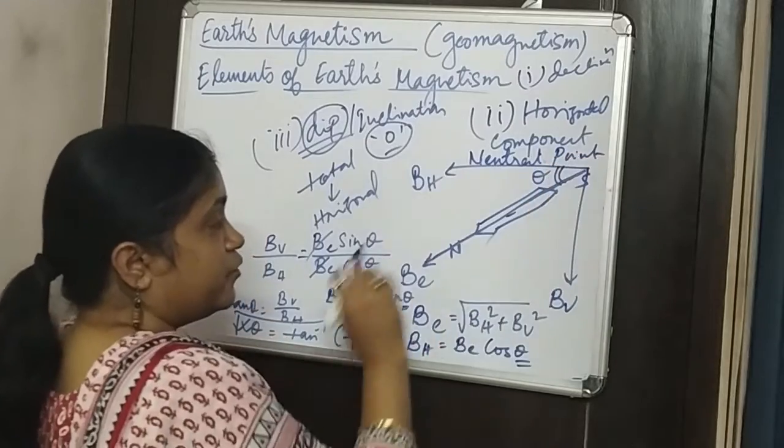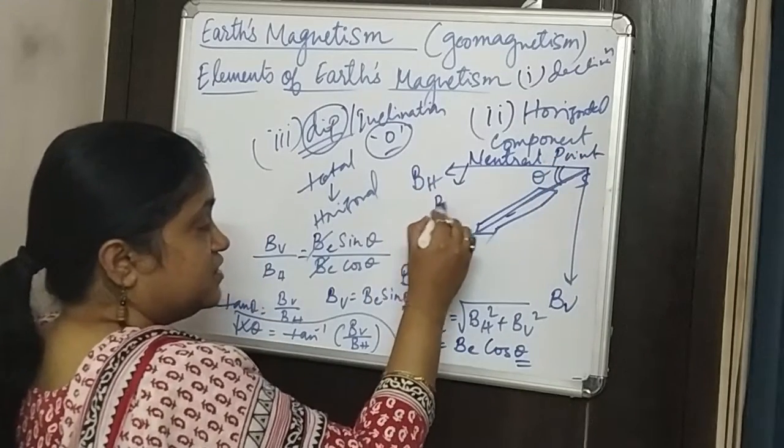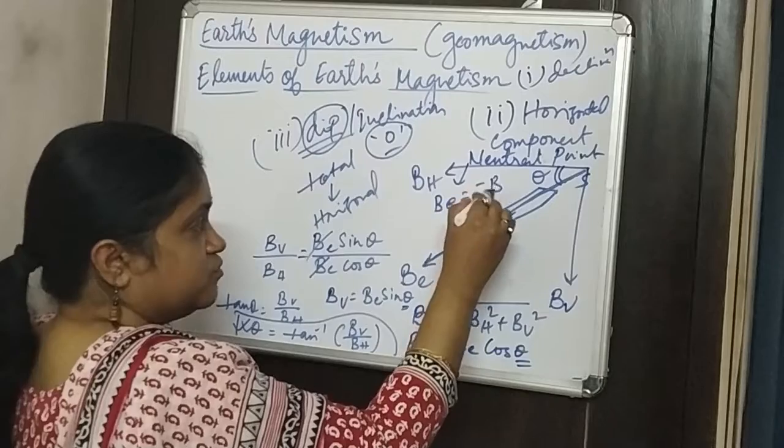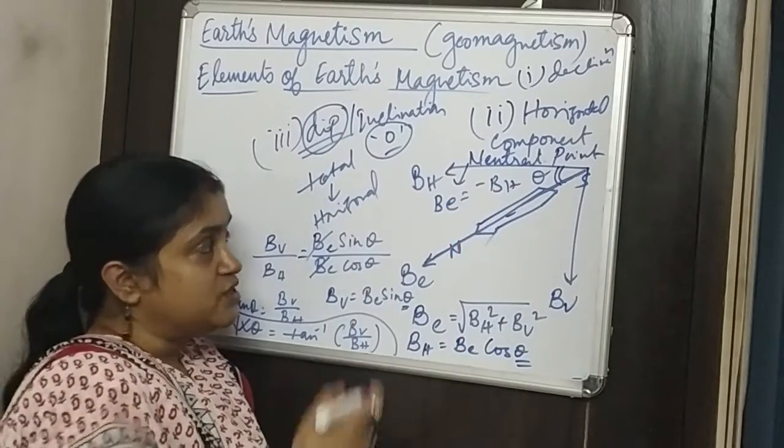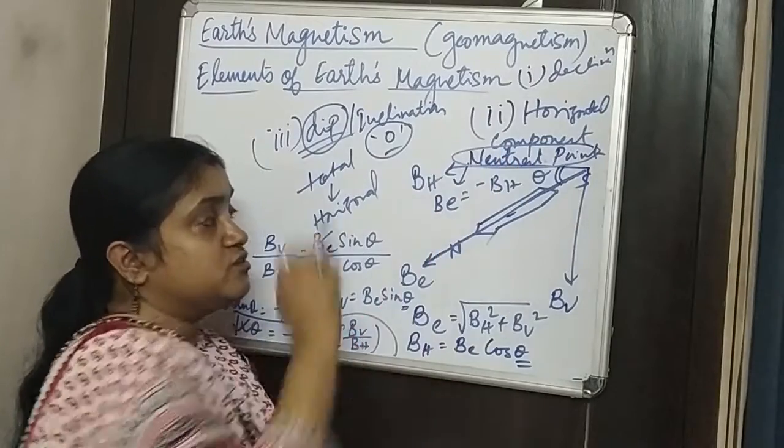Neutral points are the points where BE is almost equal to BH, means they are equal and opposite, right? So they are called neutral points.